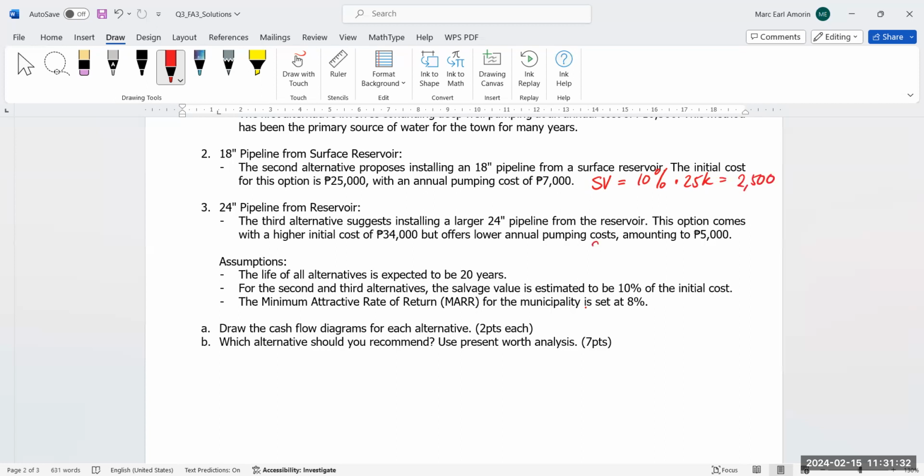For alternative 3, the salvage value is 10% of 34,000, which is 3,400. Okay, and for our minimum attractive rate of return, or that is our interest rate, it is going to be i equals 8%.